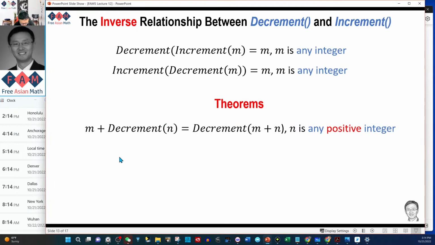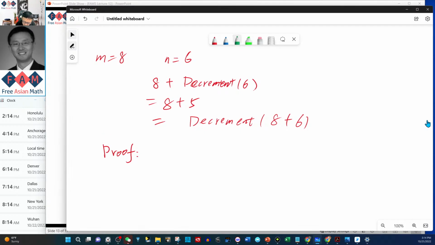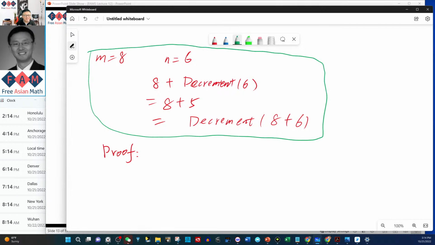So what do we need to prove? We need to prove this equation, right? m plus decrement n equals decrement of m plus n. So how do we do it? Well, while this is not a proof, it gives us some insight into the nature of the problem.